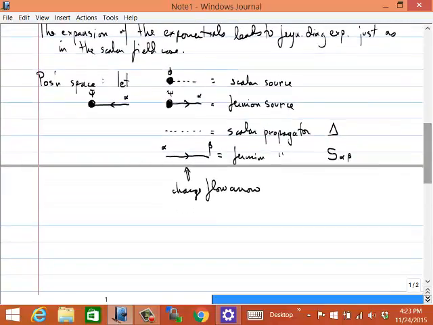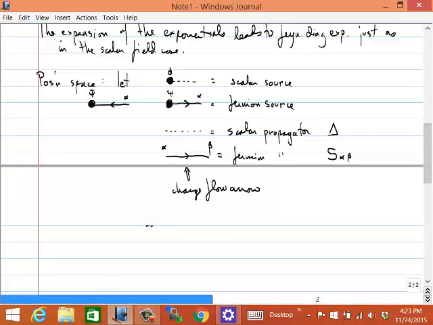And finally, because we have an interacting theory, we have an interaction vertex where a scalar can turn into a fermion-antifermion pair, say an electron-positron pair, if we were studying electrodynamics. And the charge flow arrows in this diagram have to reflect the fact that charge is conserved in this interaction.